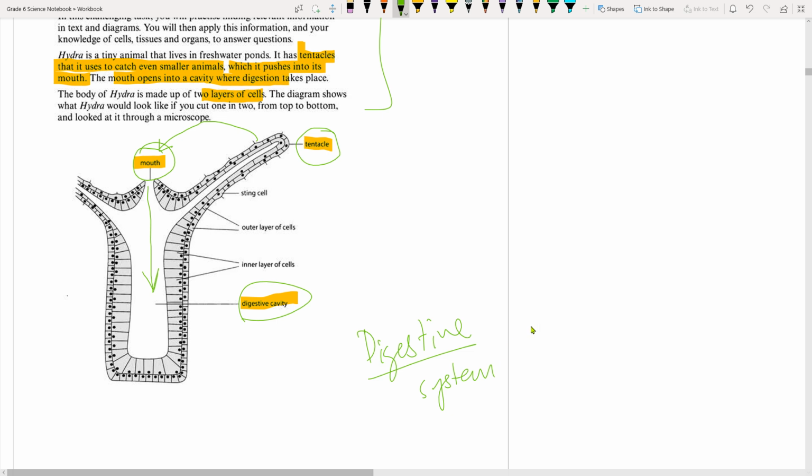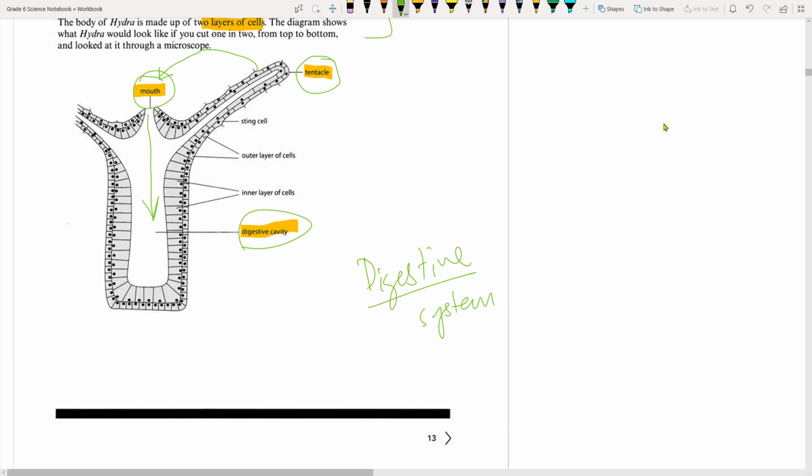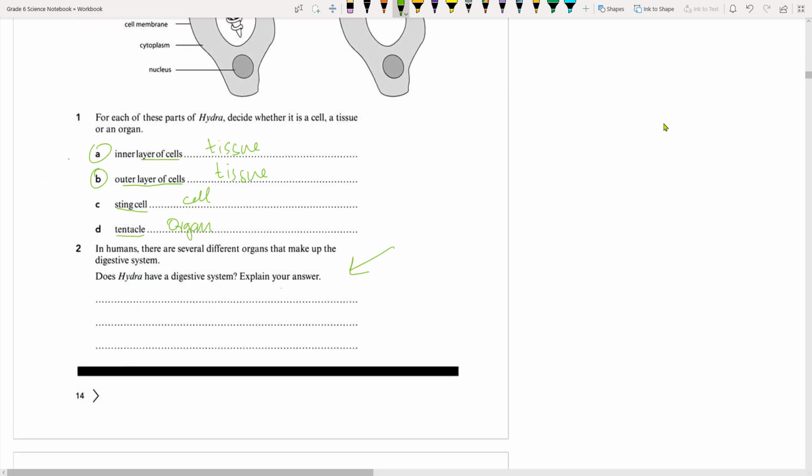So I truly now agree that yes, the student is right, and some of us are wrong that this is just an organ. It is a digestive system, and this is precisely what you have to explain, because tentacles, mouth, and digestive cavity are working together.